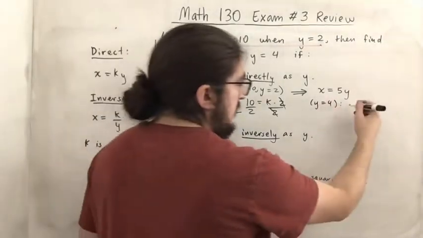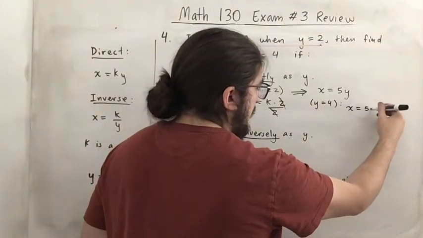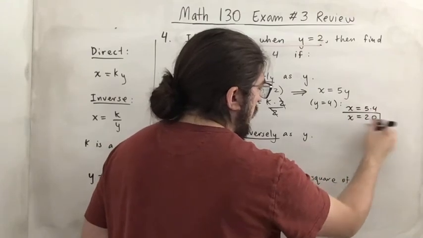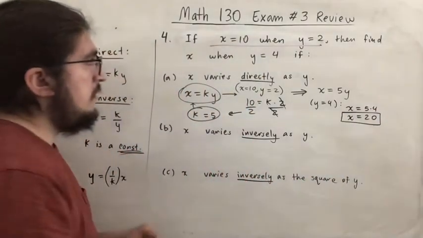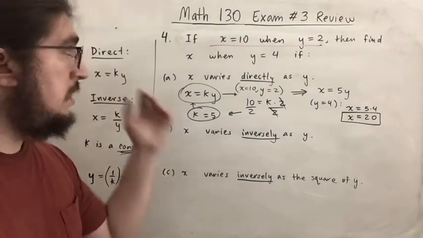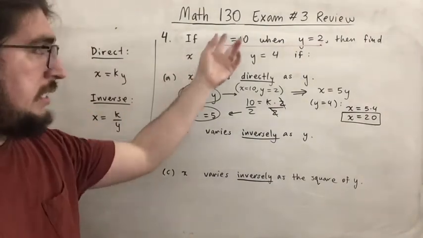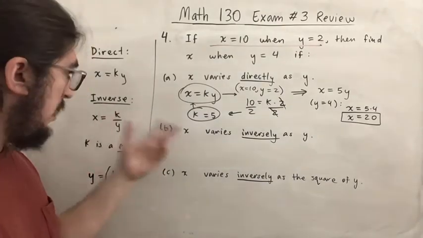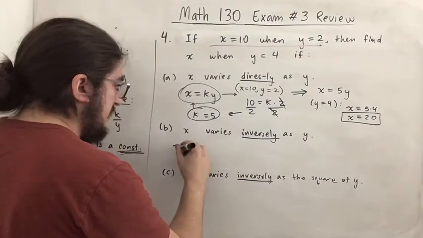When y is equal to 4, we get right away x is equal to 5 times 4, which is 20. So x is equal to 20 when y is equal to 4 for direct variation, and of course, assuming x is 10 when y is 2. Fantastic. So now to the next one, we know inverse variation has this setup, so I'll write this out.